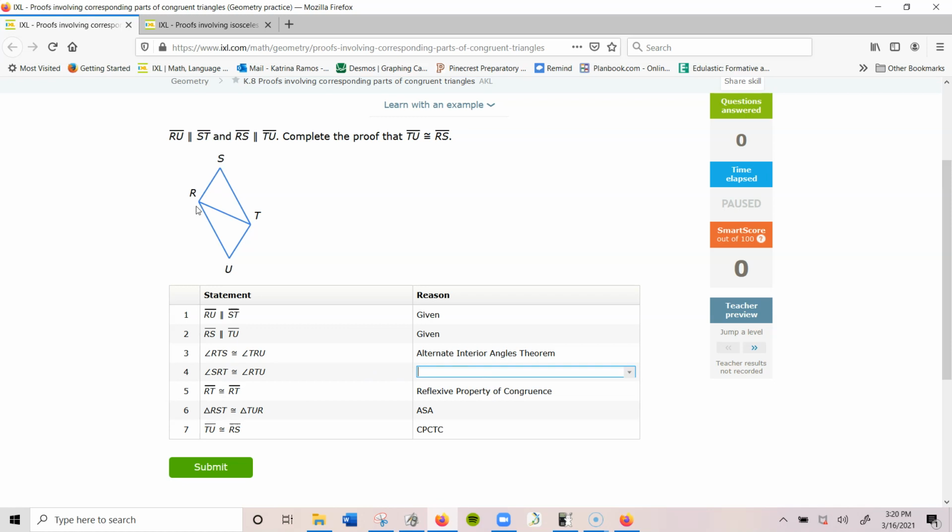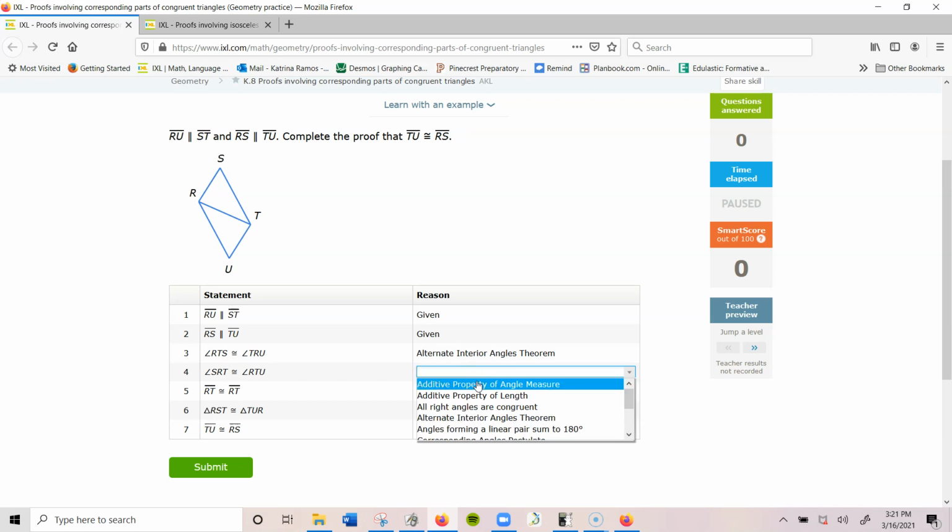For angle SRT is congruent to RTU, that's because these two lines I am told are parallel. And this line here is a transversal. So those two angles, SRT, which is this part here, and RTU, which is this part here, these are alternate interior angles.